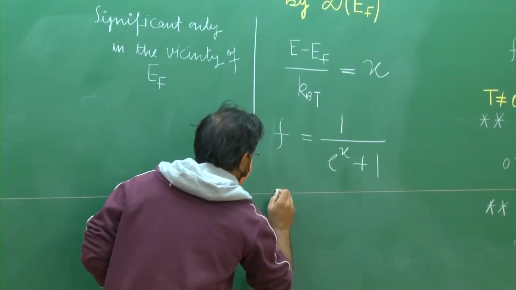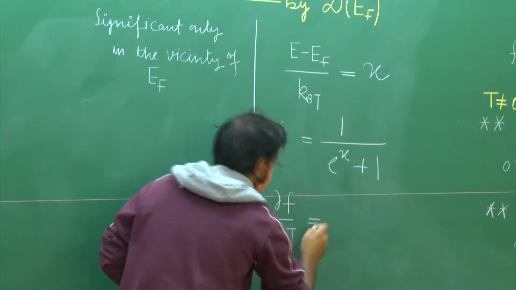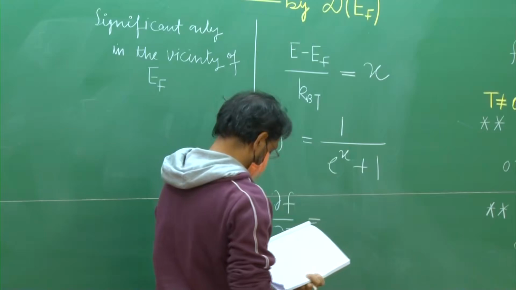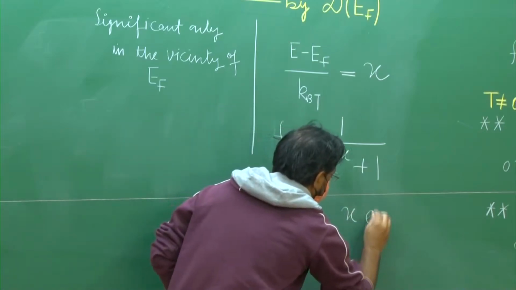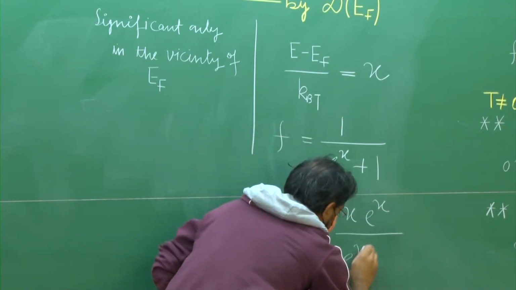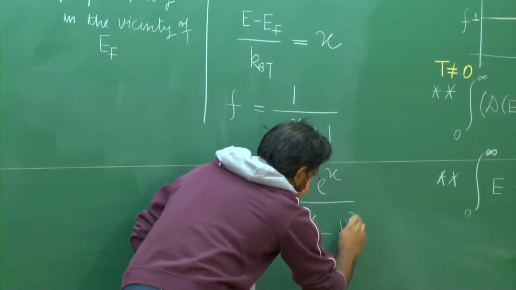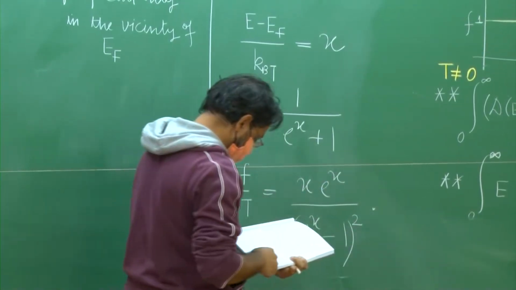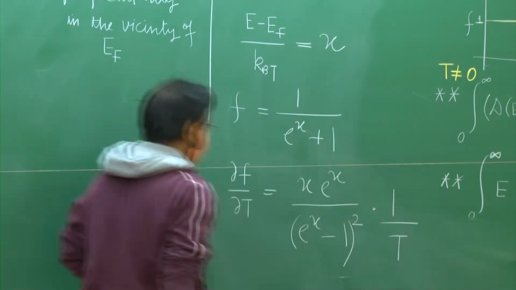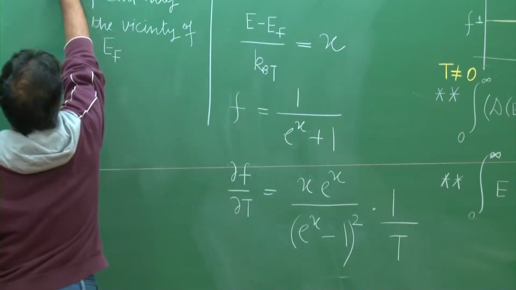You should get del f del t to be x e to the power x over e to the power x minus 1 whole square into 1 by t.